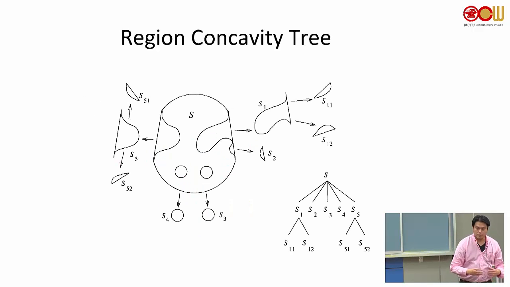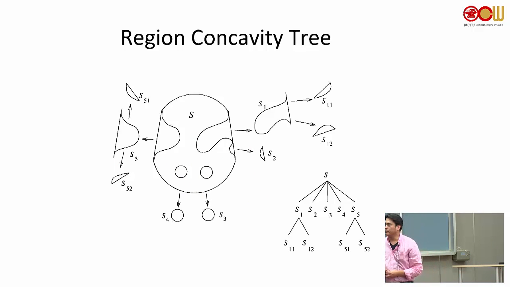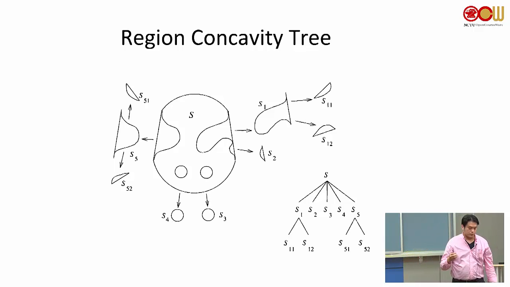So we will jump to the concave tree over here. Suppose we have a region S with some concave parts, and we can decompose the whole region into several different concave regions. We can also build a tree for it.